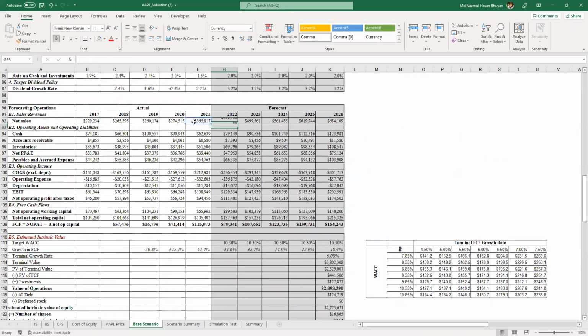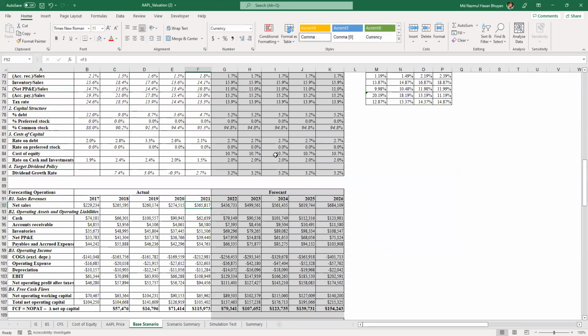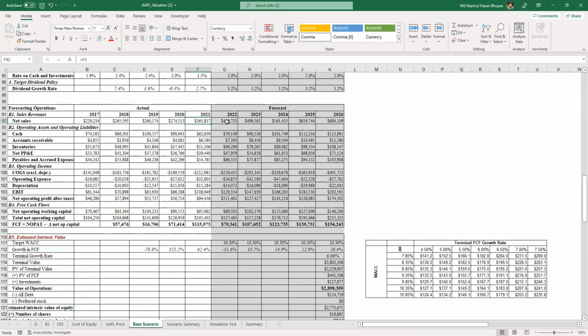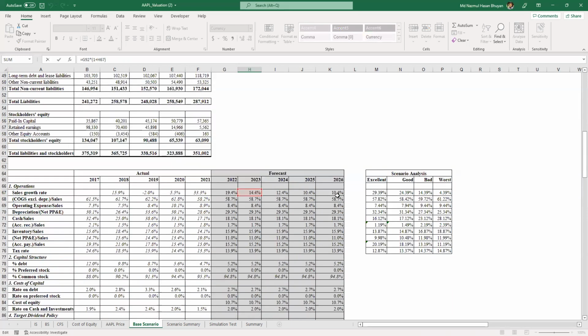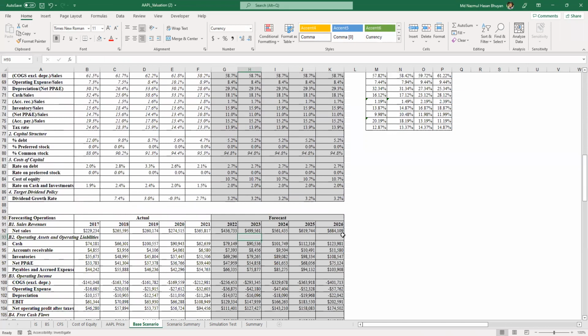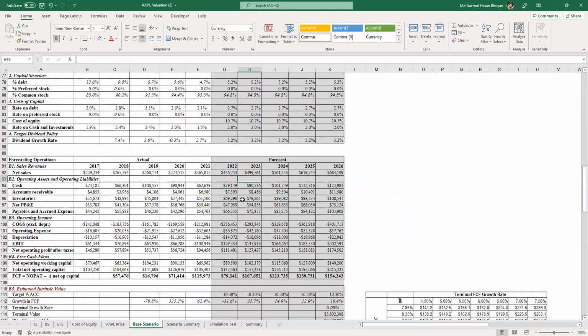So we are growing our sales in the year 2021 by 19.4% to get our sales revenue in 2022. The same way, you can see we are applying this sales growth rate to get our sales number in the future years. Then let us now calculate our spontaneous operating assets and operating liabilities account along with our net PPE.